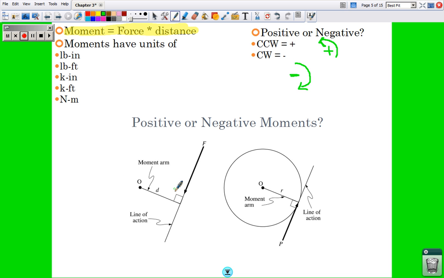So let's look at this. Here is our center of rotation. Here's where we're applying our force in this line of action. So we draw the perpendicular distance between those two, and it's going to rotate.